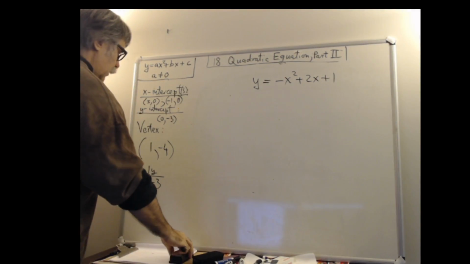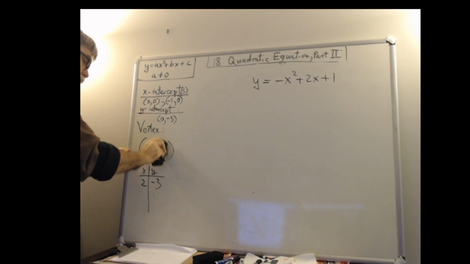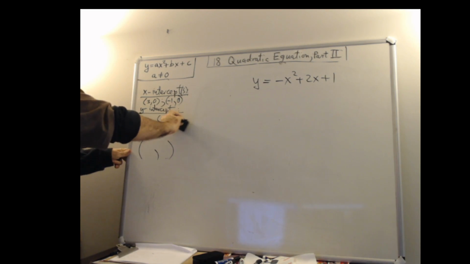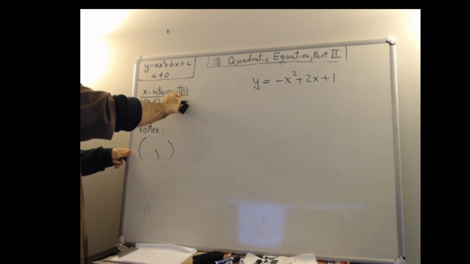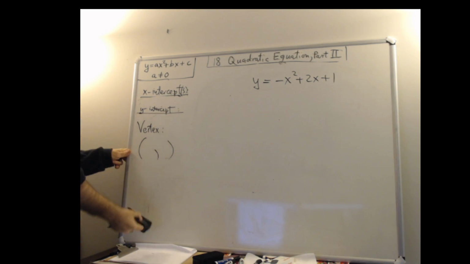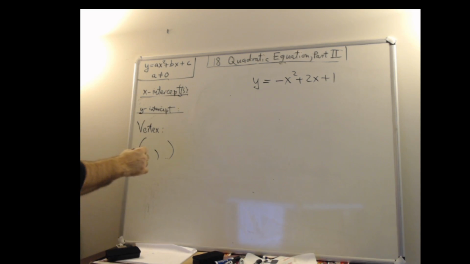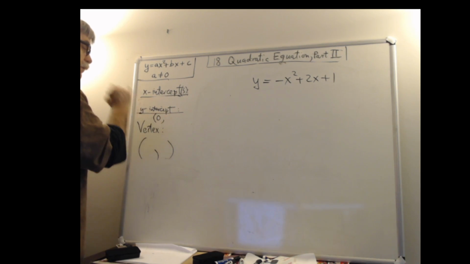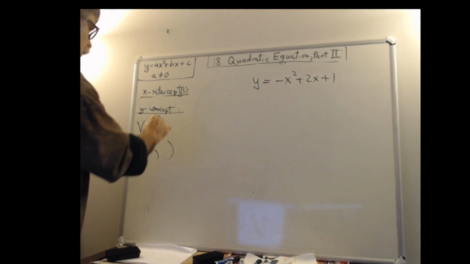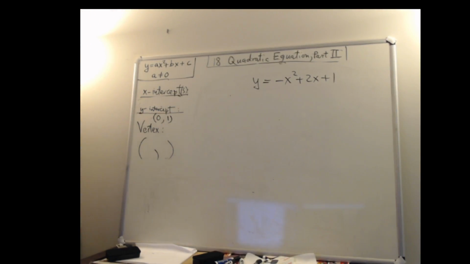Okay, the same story. I need a vertex. I might want to have a strategic point down the road. I need to have the y-intercept. I need to have the x-intercept. The y-intercept is easy. So for the y-intercept, the x must be 0. When you plug x equals 0, you get 1. So that's the one point immediately.